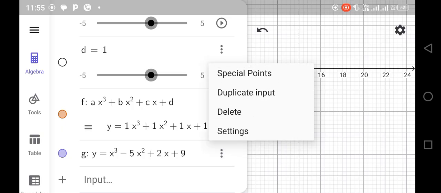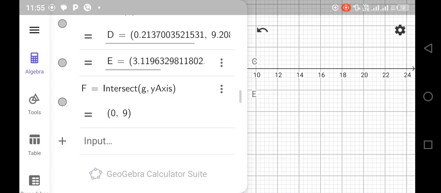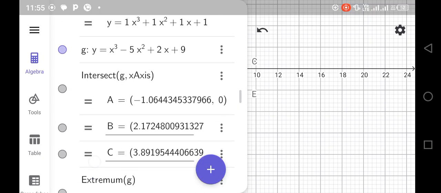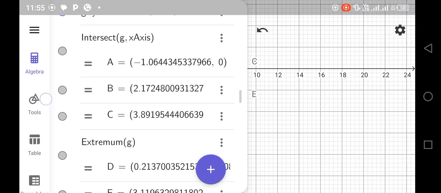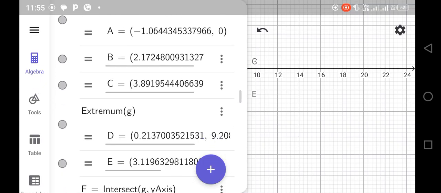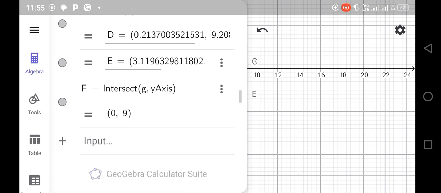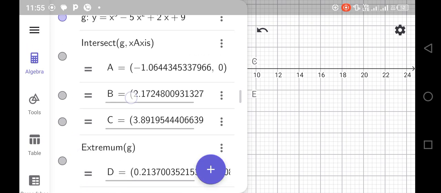Now from there, we also need the special points that we need in our graph. We can have A, B, C, D, E, and F. Those are the special points we're going to plot our graph with.